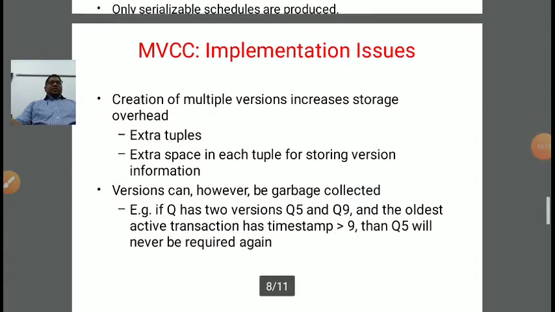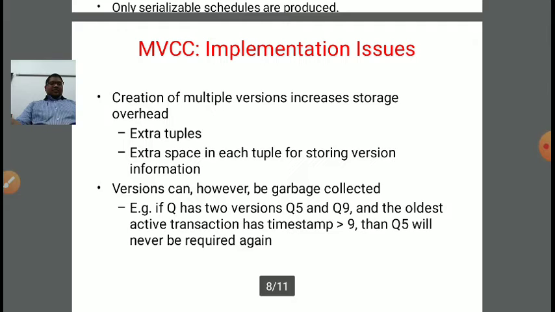Multi-version concurrency control mechanism: there are some issues. The creation of multiple versions increases storage overhead. Overhead means extra tuples, extra space in each tuple for storing the version information.